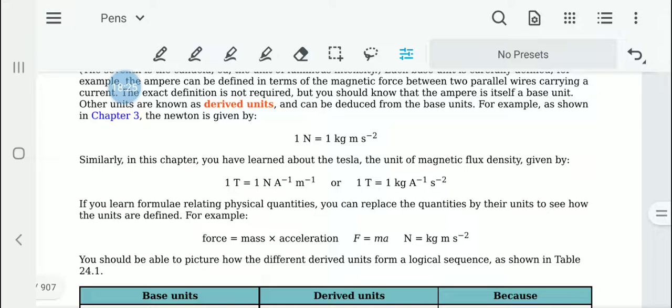So then you can actually interconnect these details, if you have the formulas that we have learned earlier. Now force is equal to mass into acceleration, F equals ma.